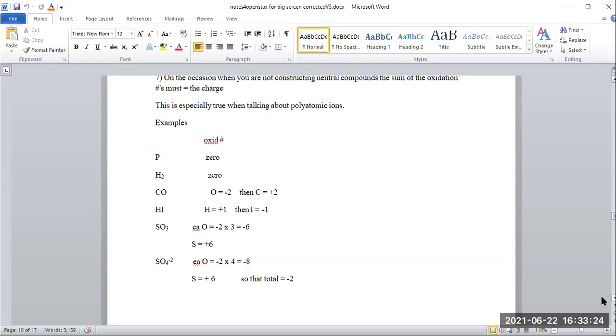So we assume that oxygen is behaving normally and has a -2. But then that also means that since this is a neutral molecule, my carbon must be +2. So this begins to weave two rules together. One is oxygen is closer to fluorine than carbon is, so it's the one that's negative.